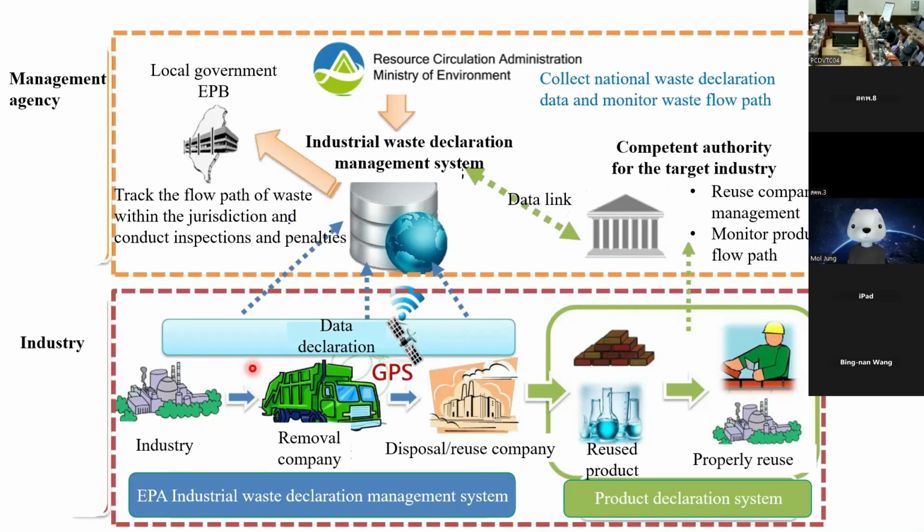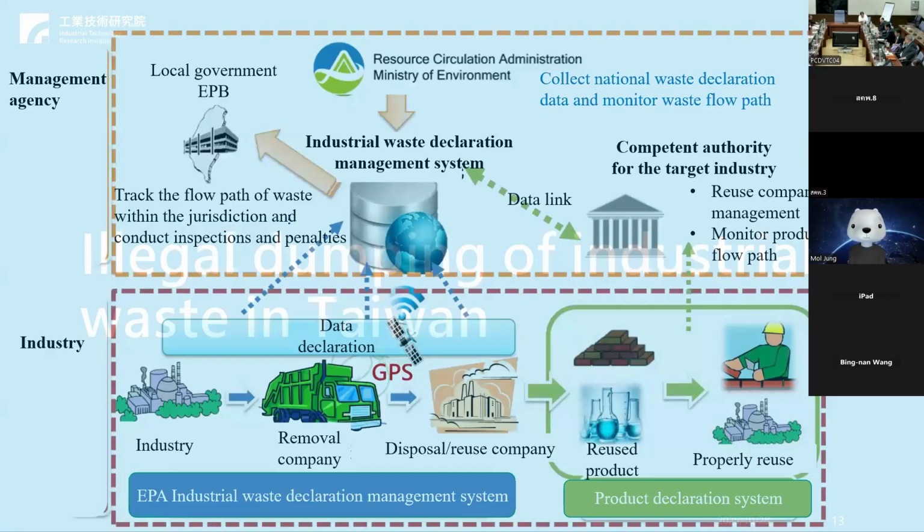The EPA Industry Waste Declaration Management System collects our national waste declaration data and monitors the waste flow path. The local governments will track the waste flow path within their jurisdiction and conduct inspections and penalties. And reuse companies must also monitor product use and the flow path. Everything needs to be recorded and kept in the system.